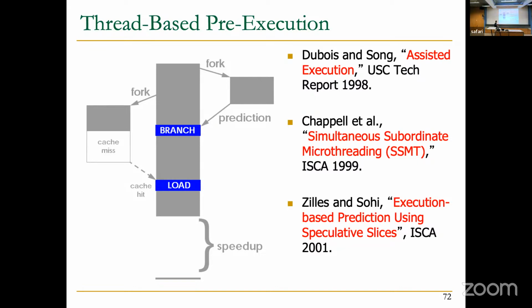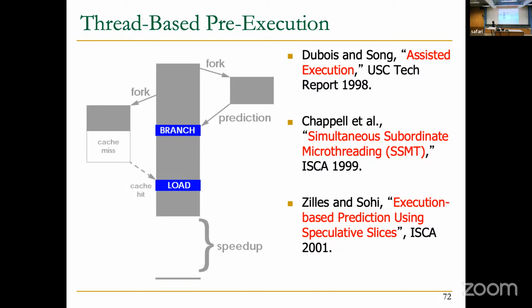Then you either take the branch or you don't. So the goal of this speculative execution is to get those data as fast as possible, so that when the branch is finally executed by the processor, your outcome would be ready. That's the idea here.